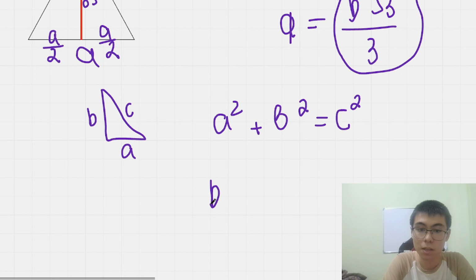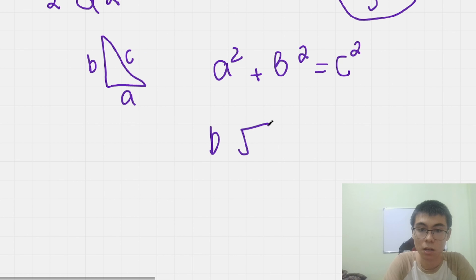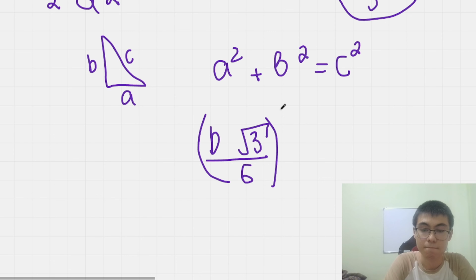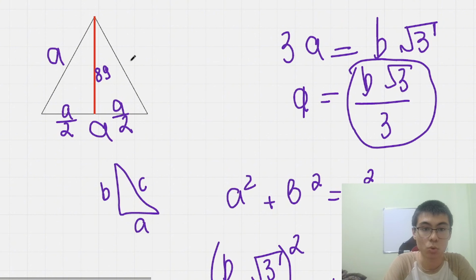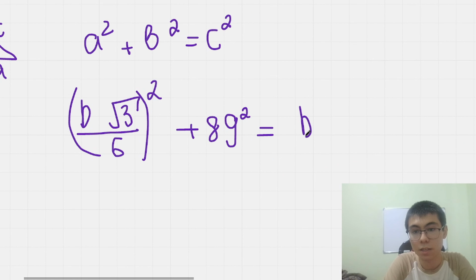So b times the square root of 3 divided by 6, squared, plus 89 squared. And this will equal a, which is b times the square root of 3 divided by 3, all squared.